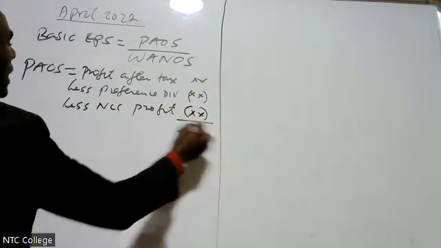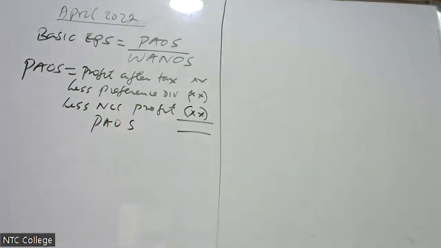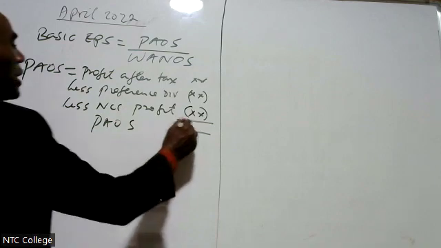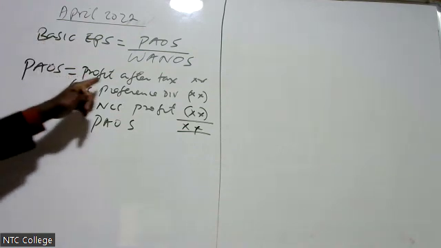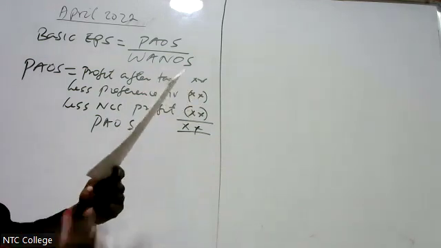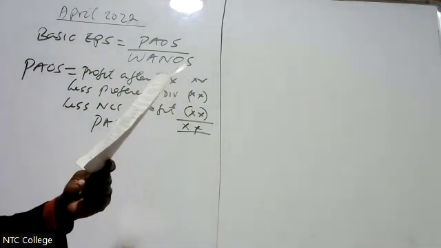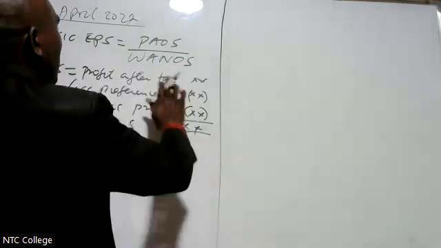Then I remain with what is due to ordinary shareholders. We call it earnings. Then I say, do I have profit after tax in the question? I go directly to my question. Yes, my examiner has given me 2021, it was 14,575.